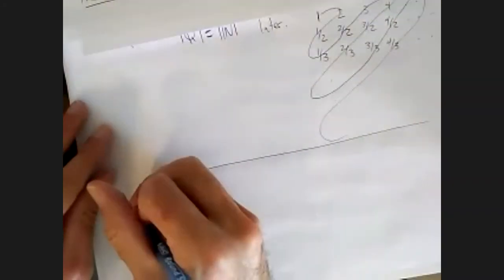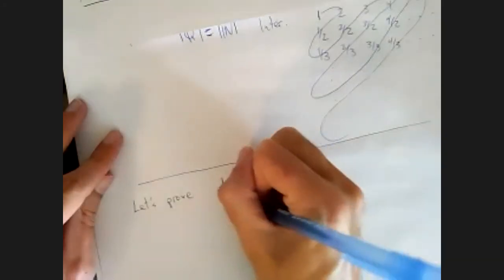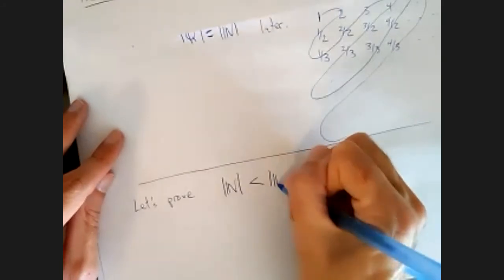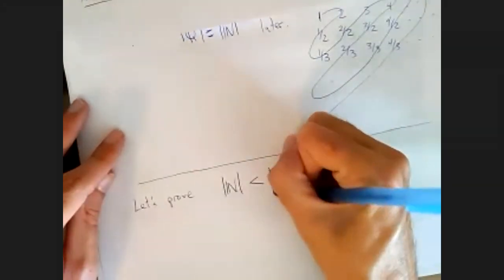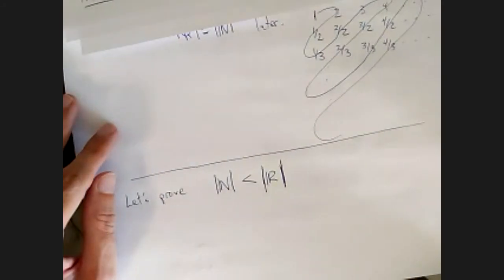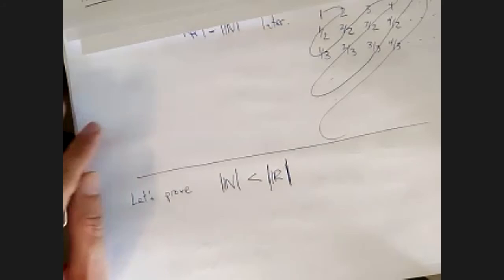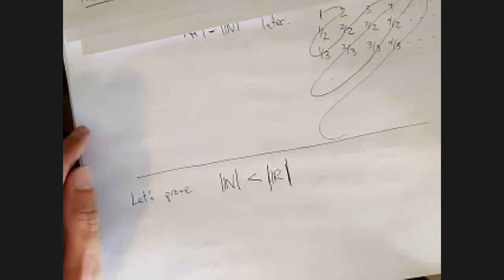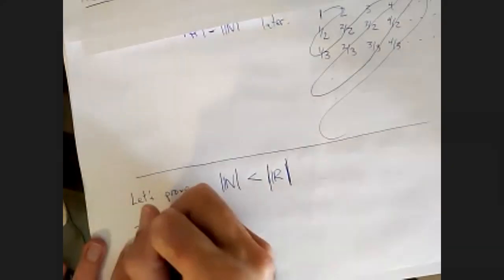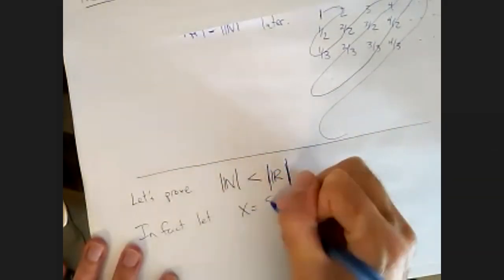Okay. Now let's prove that the cardinality of the natural numbers, well, it's definitely a subset of the real numbers, but it's a strict inequality. Okay. And in fact, let X just be the interval 0 to 1.